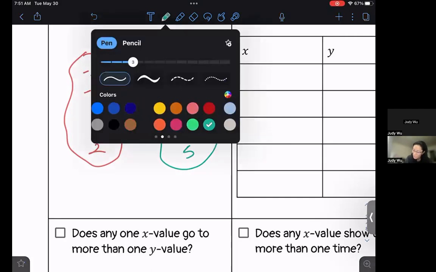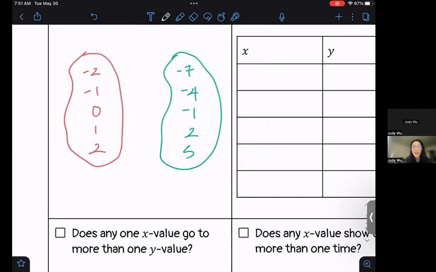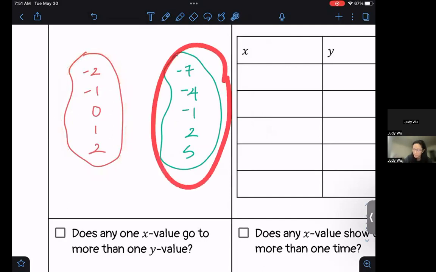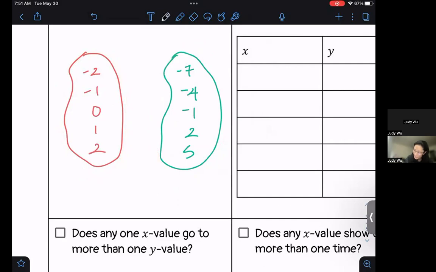Now, to finish our mapping diagram, we need arrows telling us which object from the first set gets paired with which object from the second set. It turns out that -2 will pair with 5, -1 will pair with 2, 0 will pair with -1, 1 will pair with -4, and 2 will pair with -7.